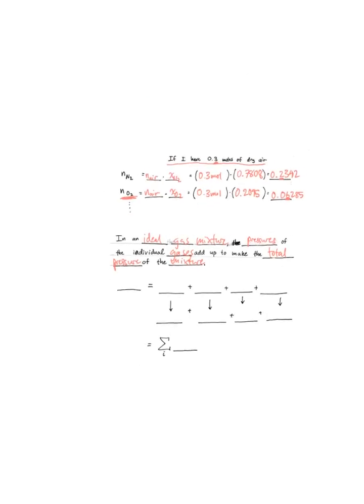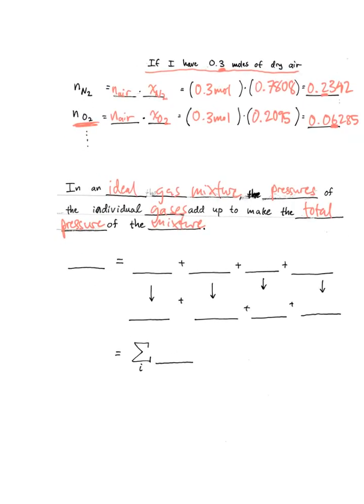Okay, so what that means mathematically is that my pressure of the air, or of the whole system, really, that's a mixture of gases, is equal to the partial pressure of the nitrogen gas plus the partial pressure of the oxygen gas plus the partial pressure of the argon gas plus the partial pressure of CO2.